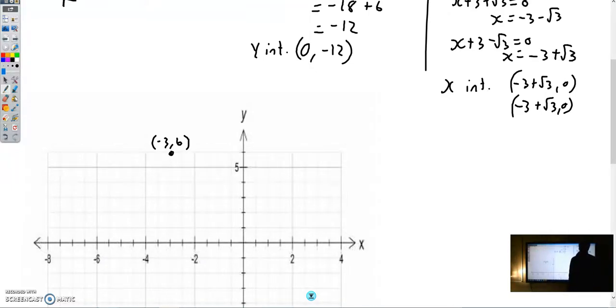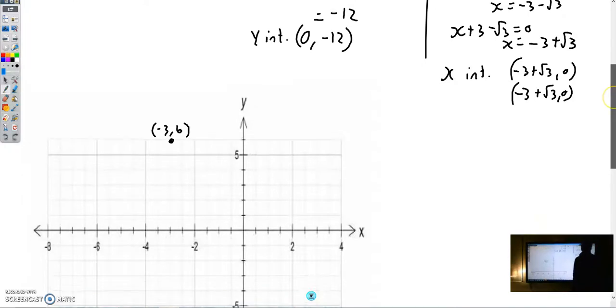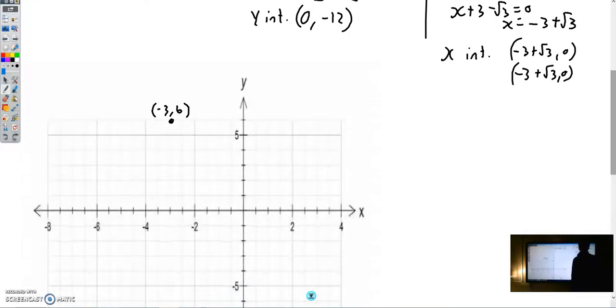I do apologize, that is minus 3 on my other x-intercept. So I have minus 3 plus or minus the square root of 3.